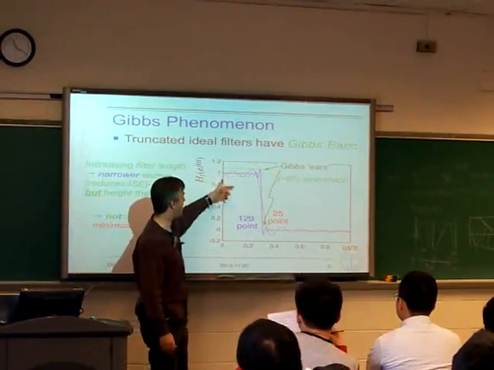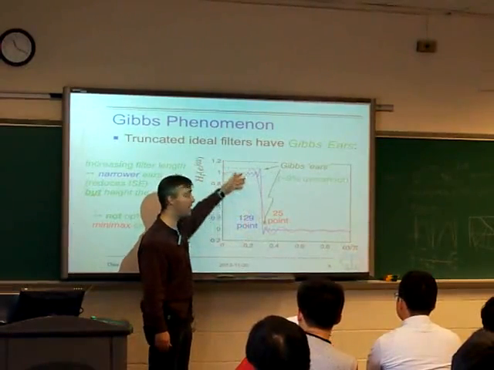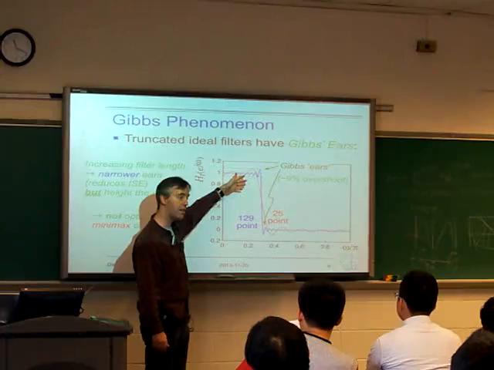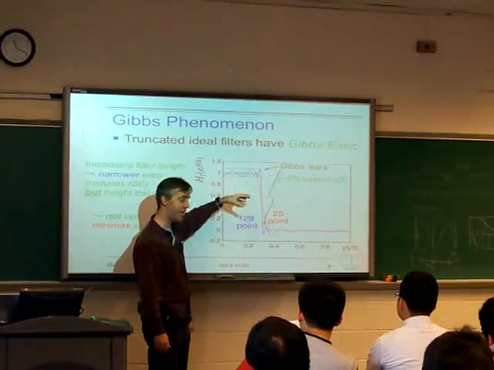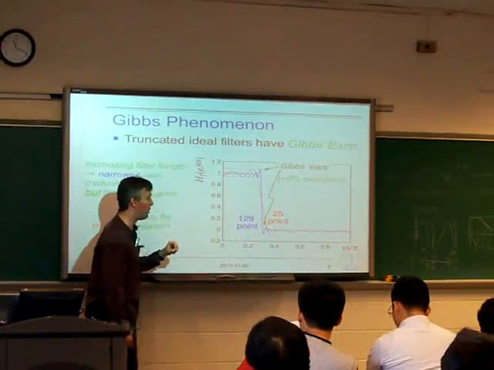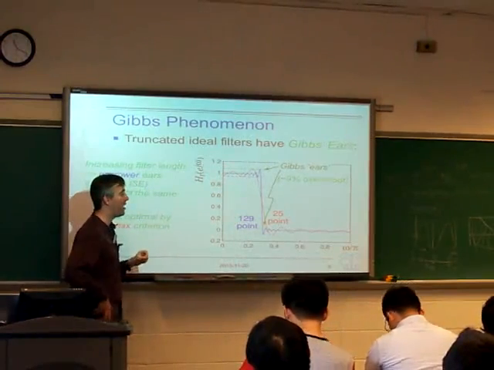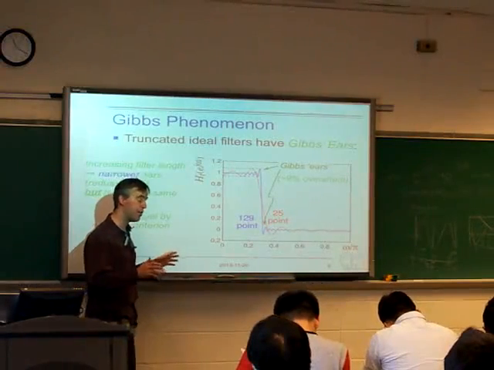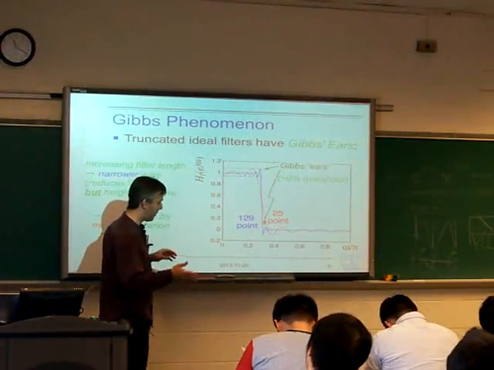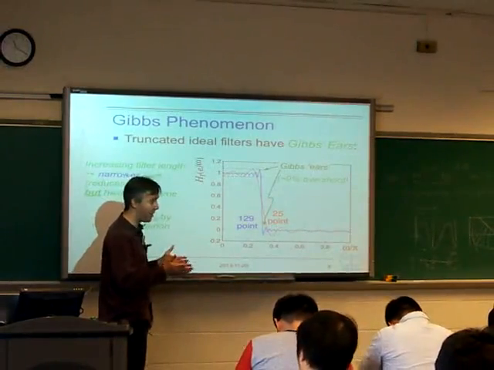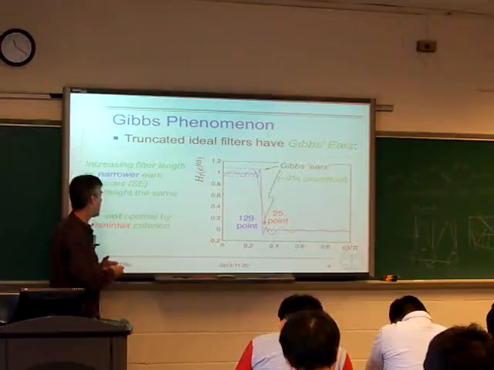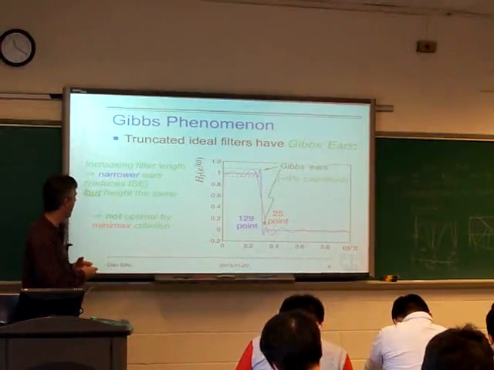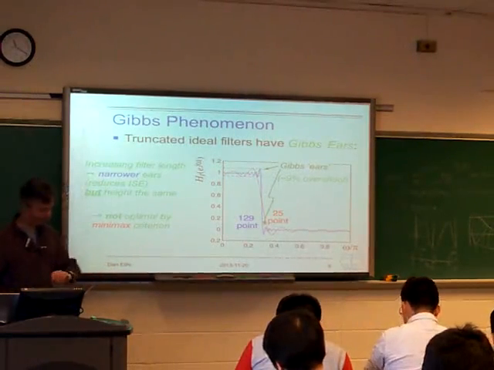And in this case, changing the order of the filter hasn't changed the worst case deviation at all. It stays the same. And that's the problem with this truncation approach: I don't control the worst case. I'm not optimizing the worst case error. I'm just optimizing the integral squared error because that's what I set out to do. So that's a problem.